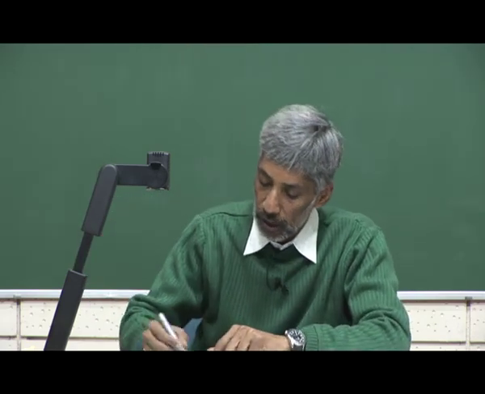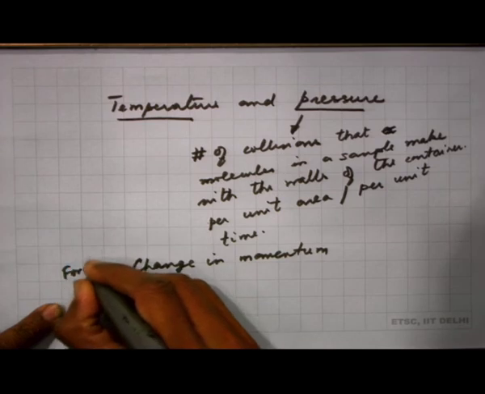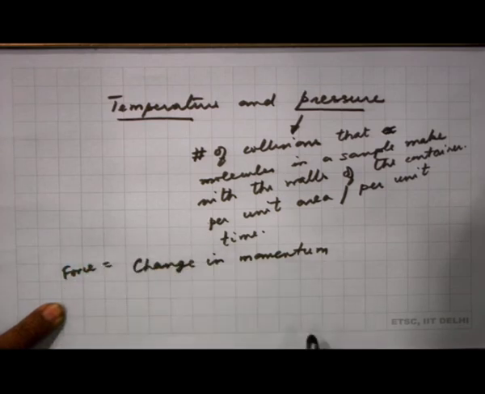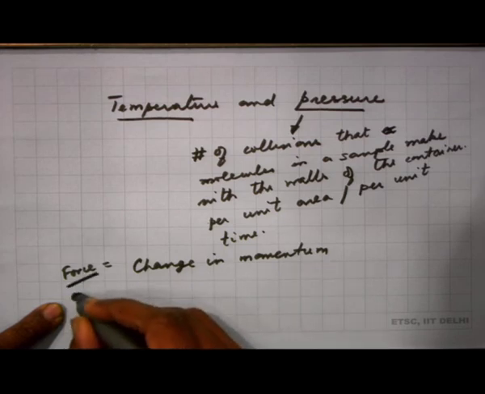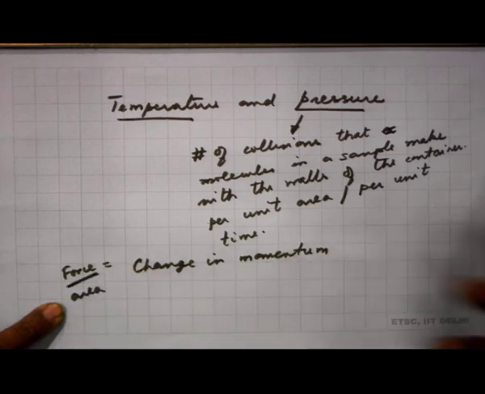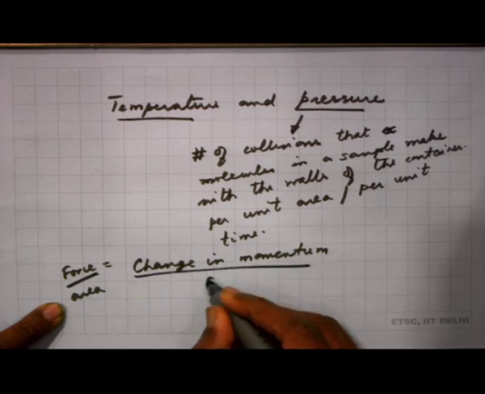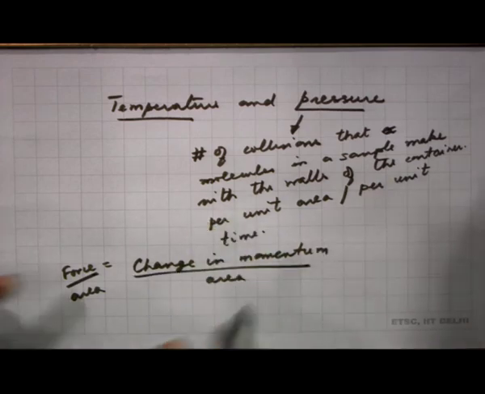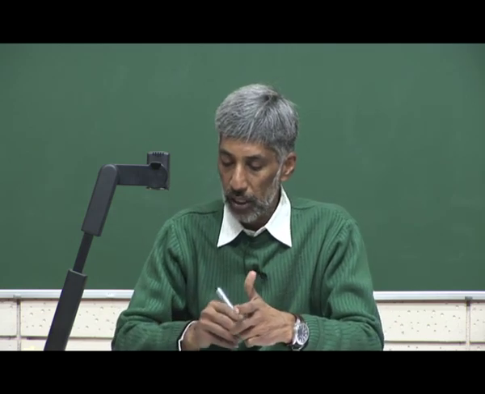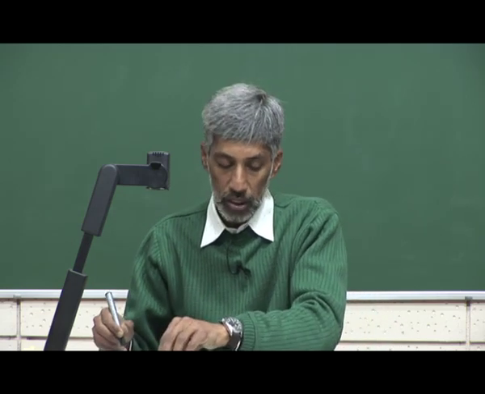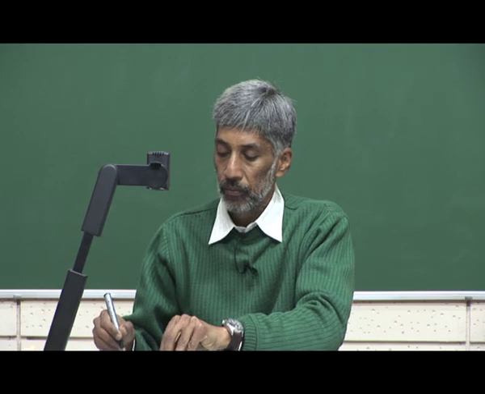So, force is related to the change in momentum, and force per unit area, and you have to do this per unit time, and this per unit area will give you the pressure. And since the velocity is related to the temperature, we can say then the pressure is related to the temperature, and this is how one goes about it.